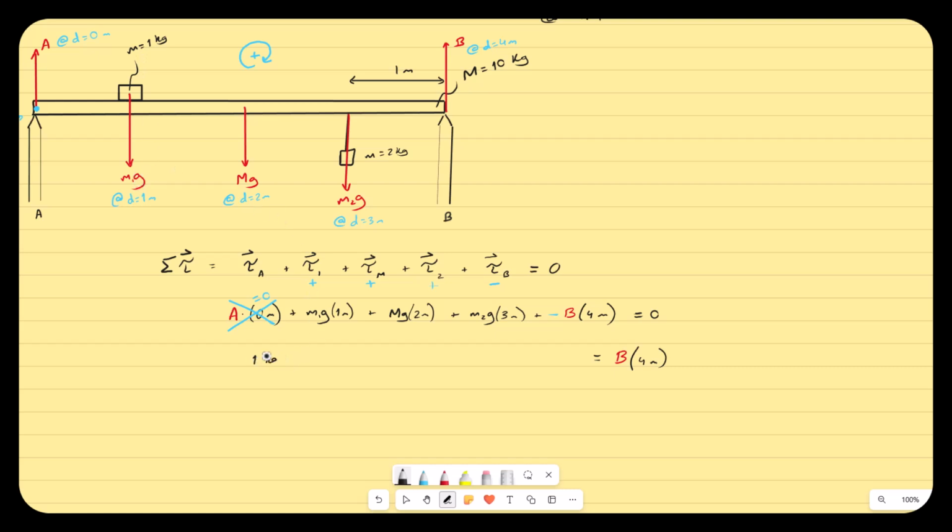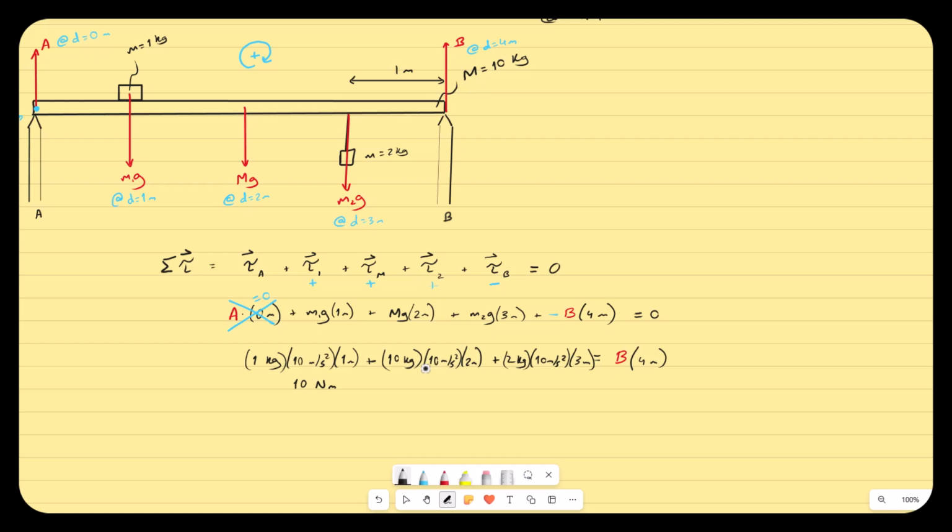I get 1 kilogram, 10 meters per second squared, 1 meter, plus 10 kilograms, 10 meters per second squared, 2 meters, plus 2 kilograms, 10 meters per second squared, 3 meters.